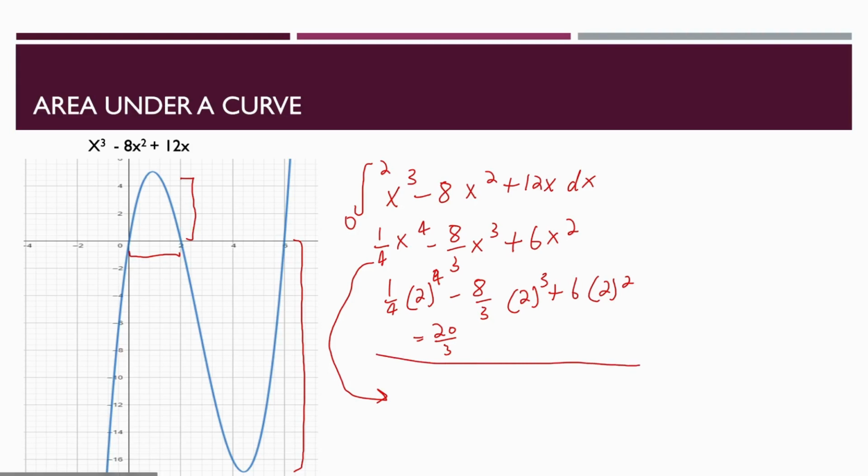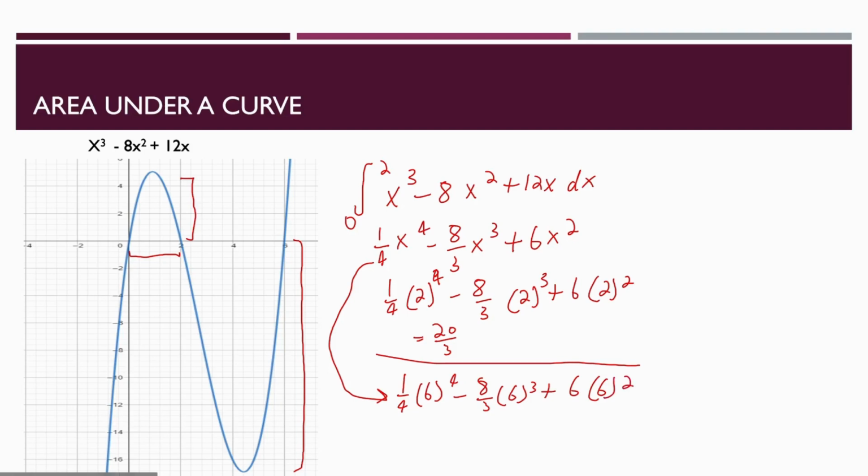Now for the down, 1 over 4 into 6 raised to the power of 4 minus 8 over 3 into 6 cubed plus 6 into 6 squared.